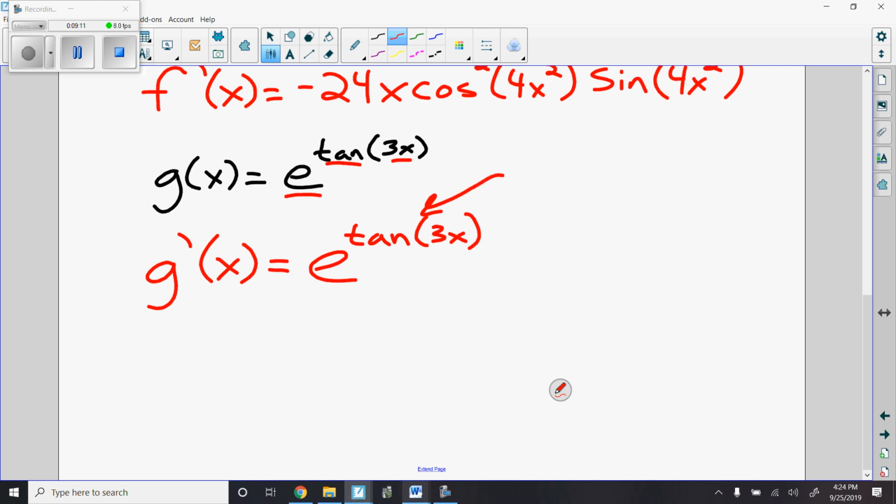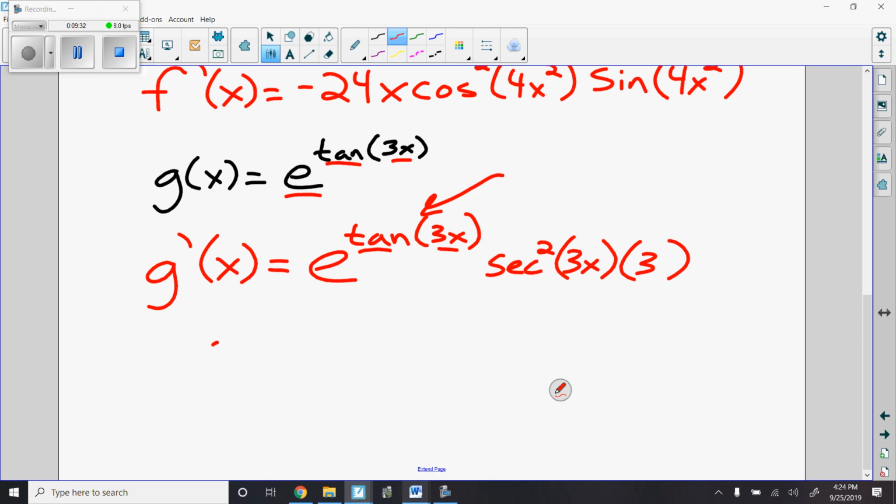Well, the derivative of tangent 3x is its own chain rule, so with an outer and an inner function. So I do the derivative of the outside, which is secant squared, with respect to the inside 3x, times the derivative of the inside, 3.